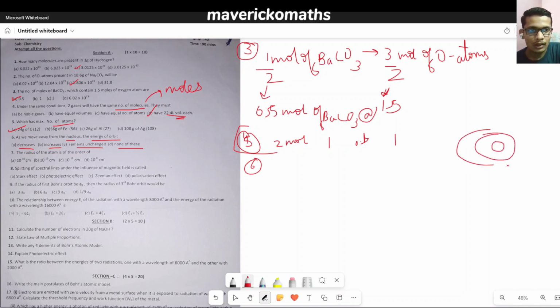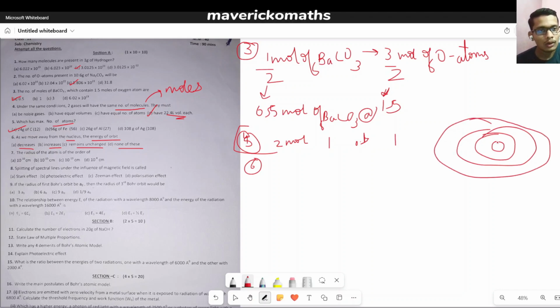This is the first orbit, second orbit, third orbit. The energy of the first orbit is the highest, but as we move away from the nucleus, the energy of the orbit decreases. So the correct answer for this will be the A part, that is decreases.